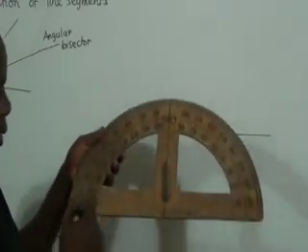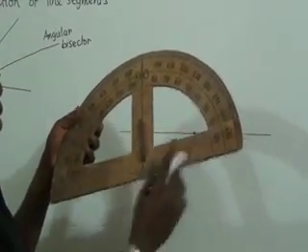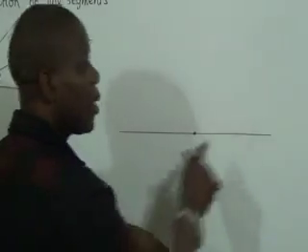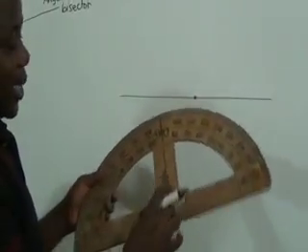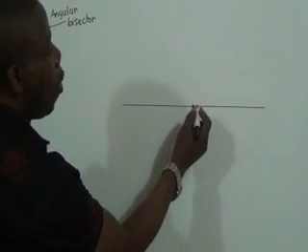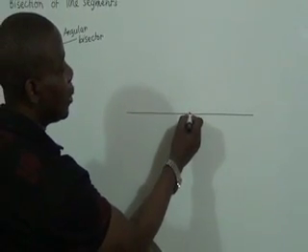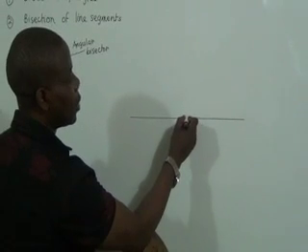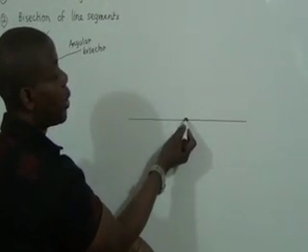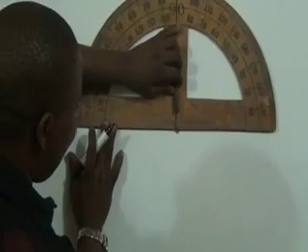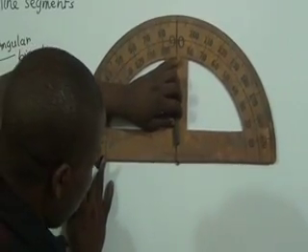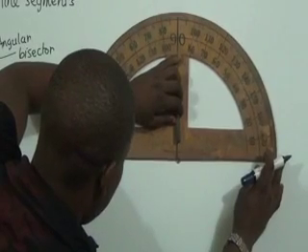You are going to see the center of your protractor. Place that center on a mark here, because that is where we're going to join all our lines to. Make that mark, and now place your protractor back on that line.